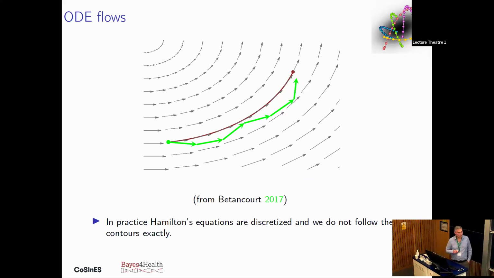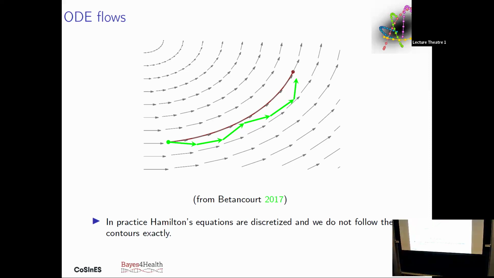In reality, one has to discretize. It's very rarely the case that one has access to the flow of the ODE. So instead of solving Hamilton's equations exactly, one discretizes, and with discretization comes errors. That is, in good scenarios we follow the contours, but not exactly.